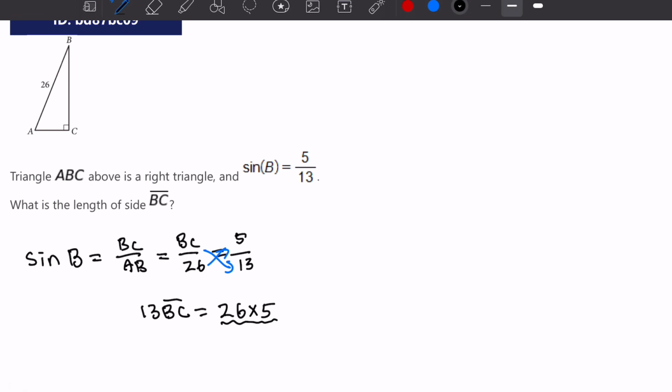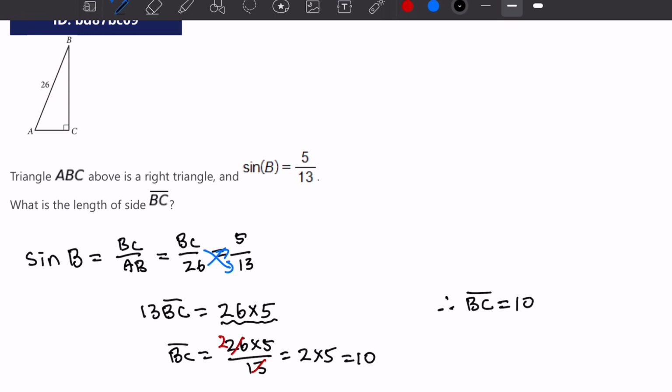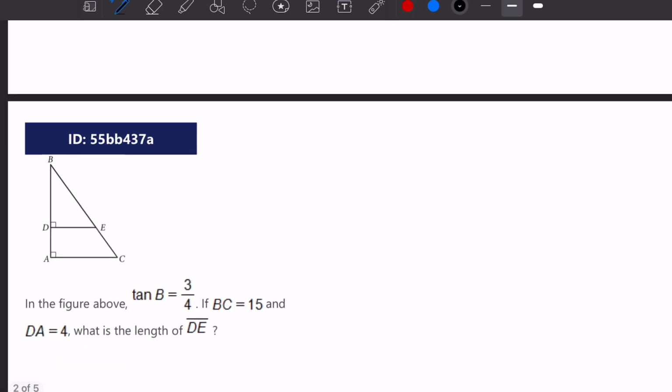So if we divide both sides by 13, we get BC equals 26 times 5 over 13, and this will cancel out to 2, and we'll get 2 times 5 equals 10. So pretty basic question. If you know your sine, cosine, tangent rule, it would be pretty simple to find the answer. And we'll move on to the next question.